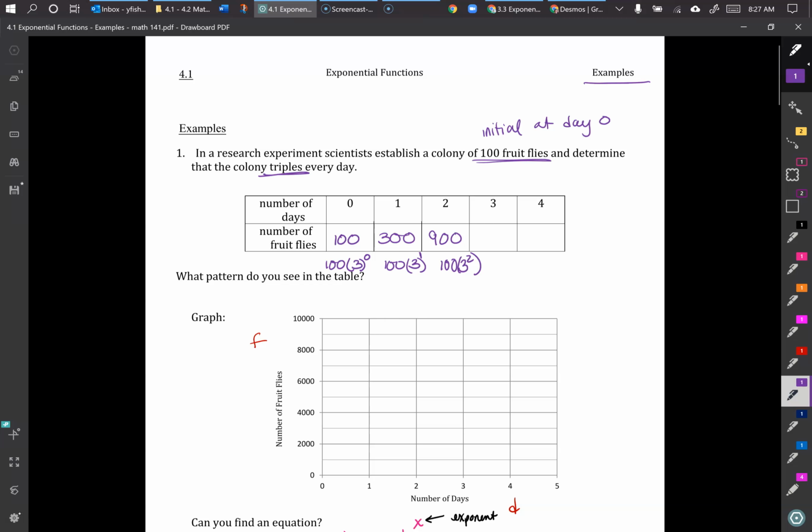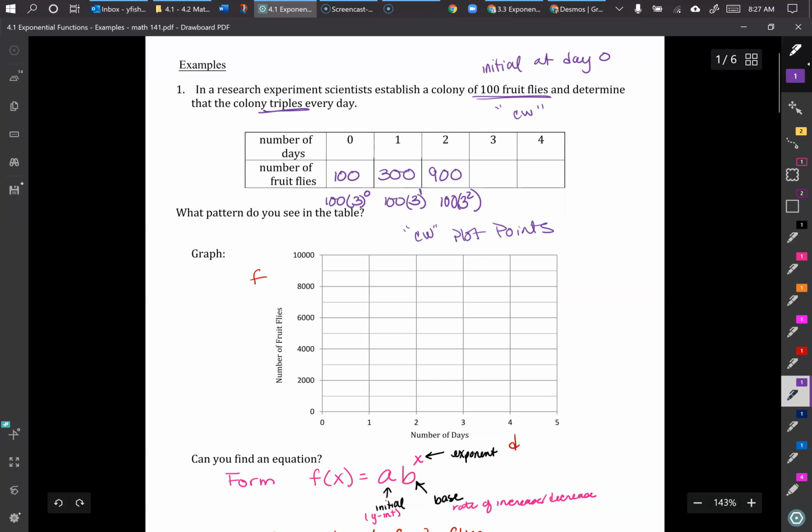Once you do that, that'll be classwork, and then go ahead and plot. As classwork, we want to plot the points on this little graph here and see what that looks like.